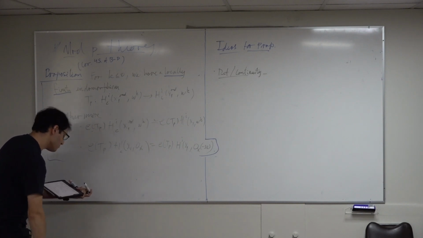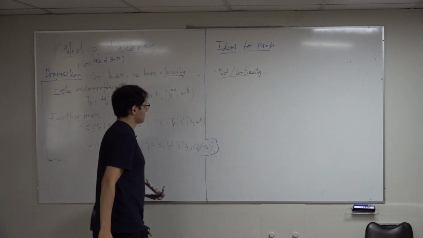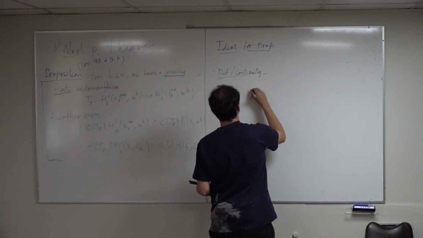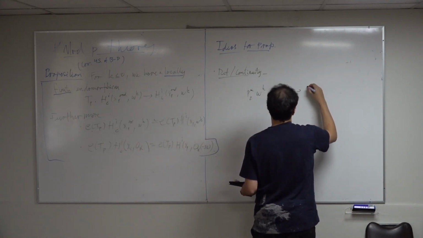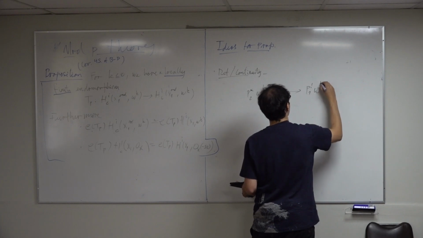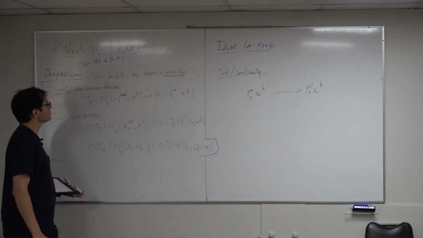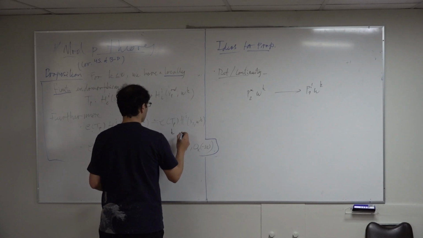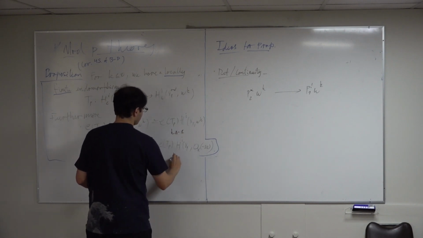How do we define it? It's actually quite straightforward, because from what Daniel told us, we have this P2 star WK correspondence. One observation on the statement: the first isomorphism is for k minus 1, and this is for k equal to 0.